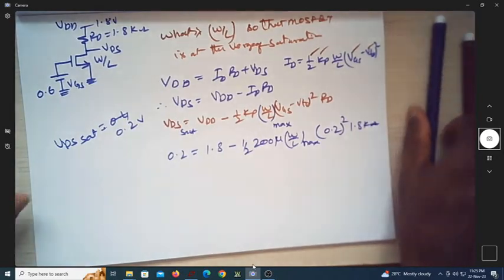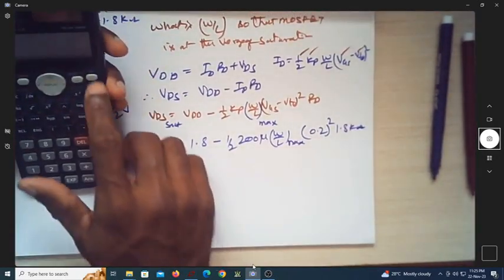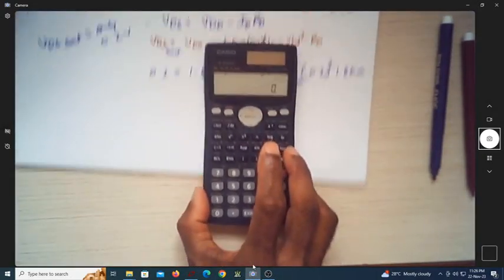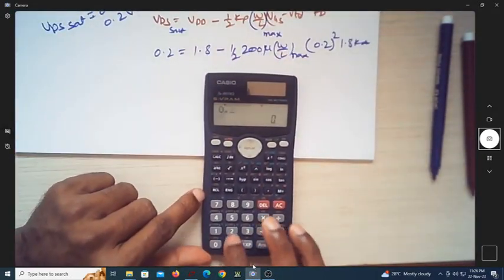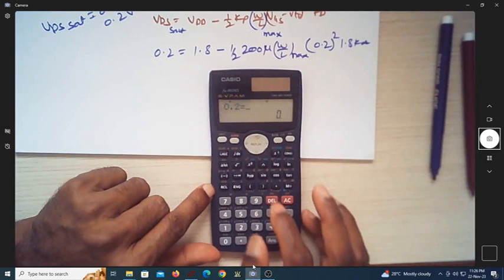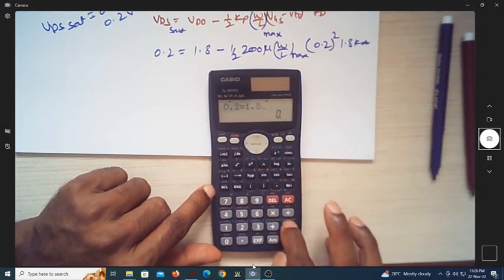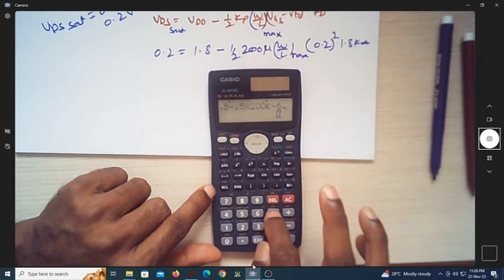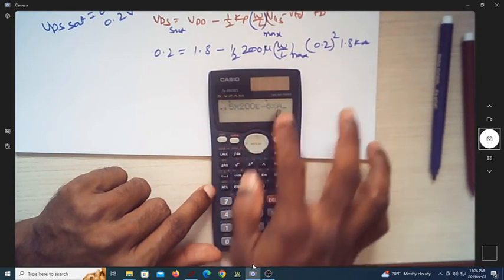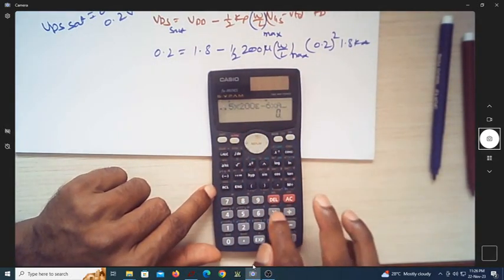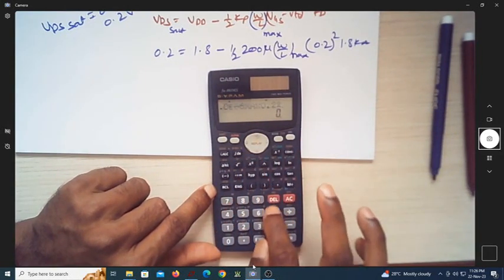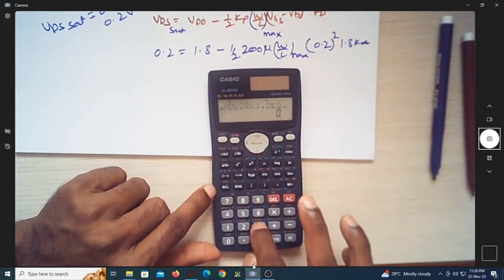Let us not write the units. So 0.2 equals 1.8 minus 0.5 into 200 exponential minus 6 into alpha, which is the unknown parameter W by L, into 0.2 whole square into 1.8 exponential 3.